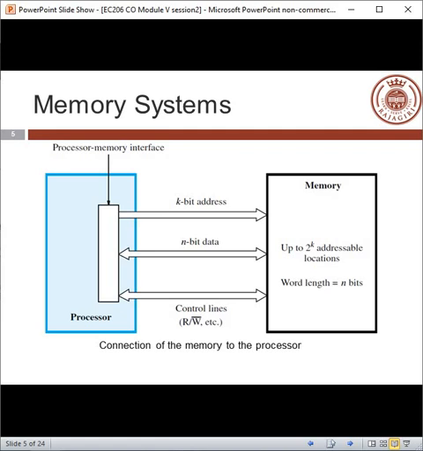That means each of the 2 raised to k locations can store n bits of data. It is called the word length. Now, our operation may be read, write, or something else. For that, we need some control lines that will give the signals for read, write, or other operations also.